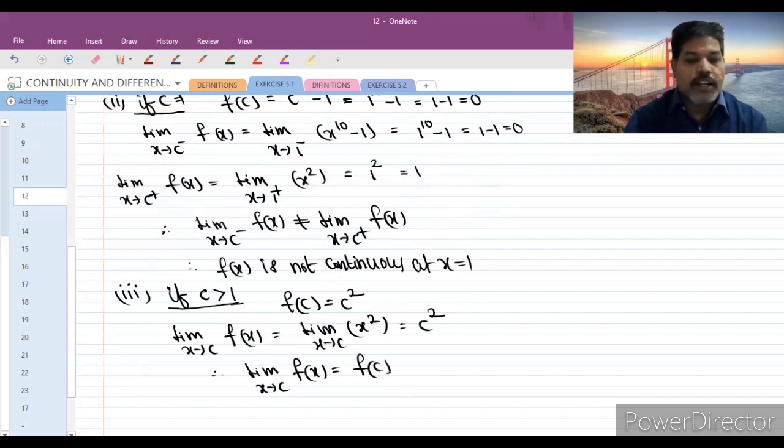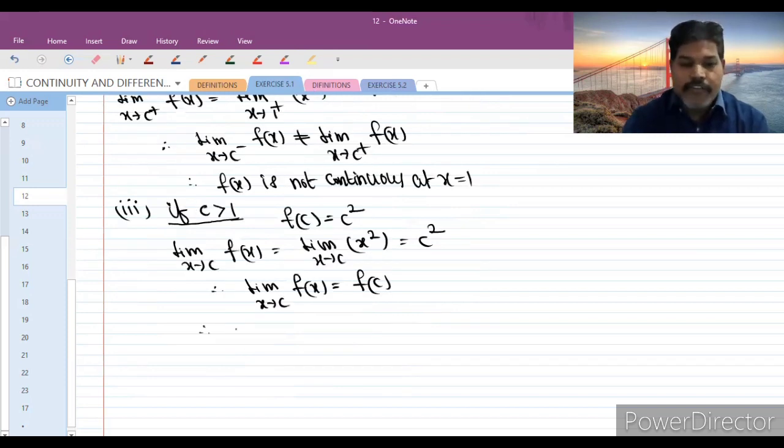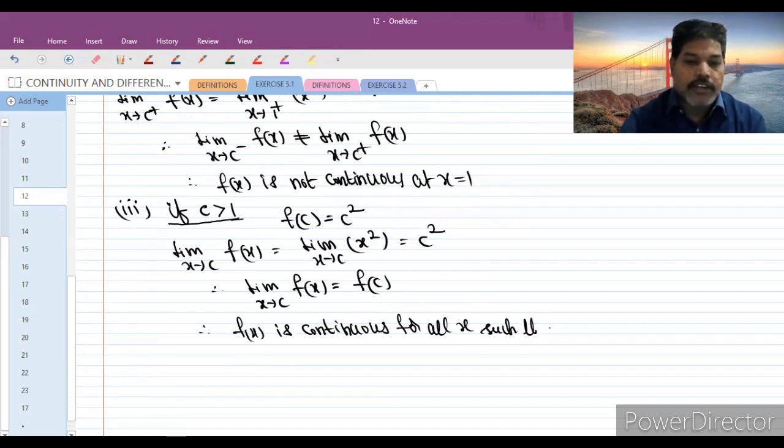So from this one we can conclude that f of x is continuous for all x such that x is greater than 1.